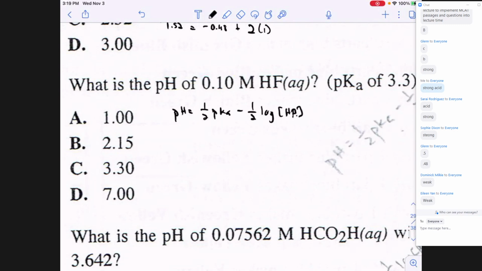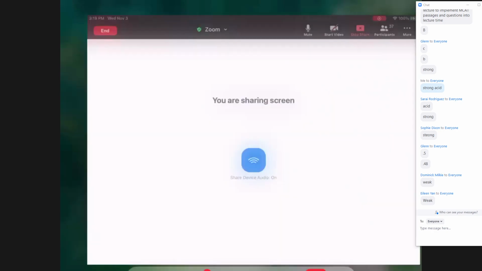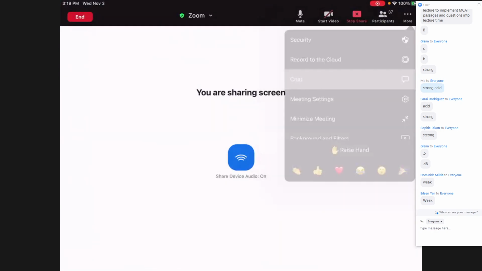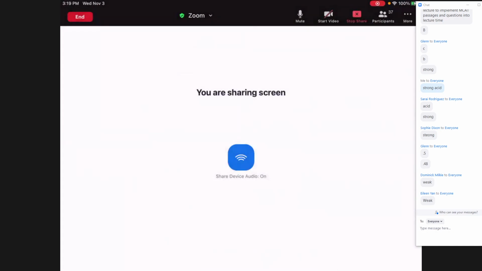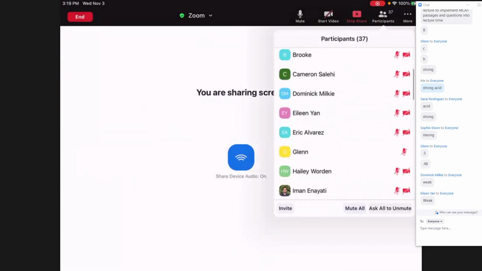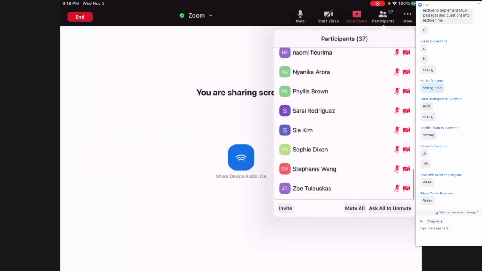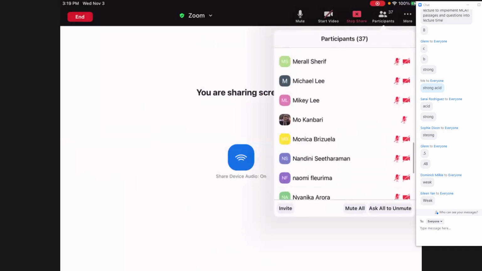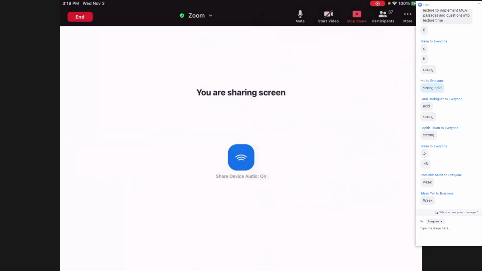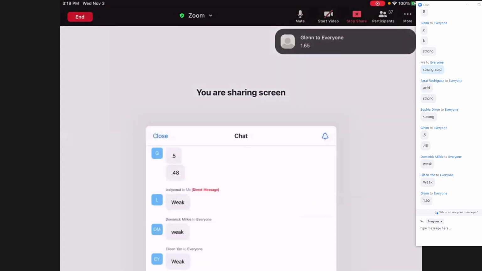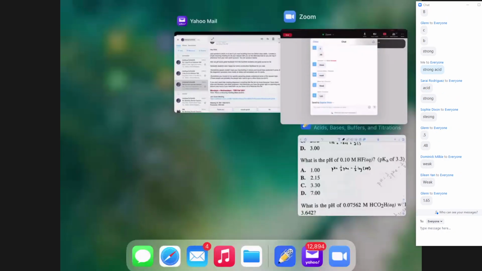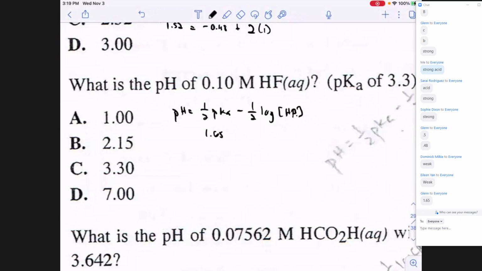All right, we have our weak acid only equation. So what's half of 3.3? Mathematically, what's half of 3.3? Thank you, Glenn. 1.65.